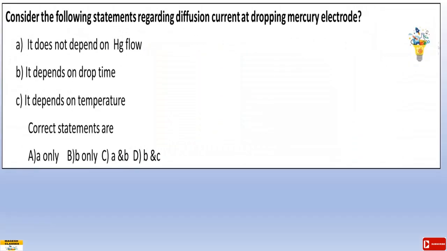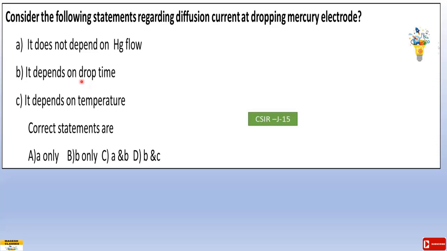Consider the following statements regarding diffusion current at a dropping mercury electrode, from CSIR June 2015. The correct statements are: A, it does not depend on mercury flow; it depends on drop time and on temperature.